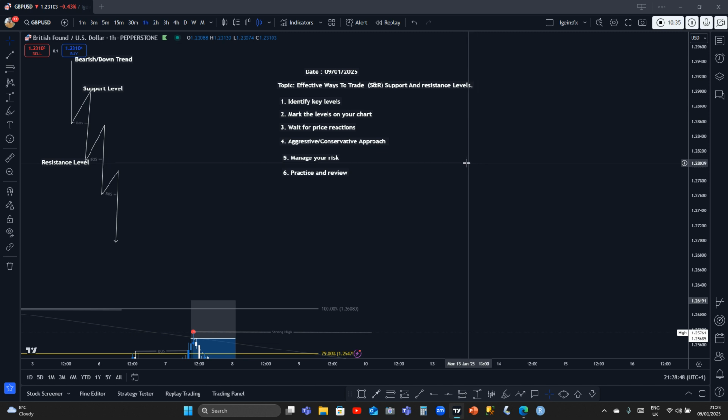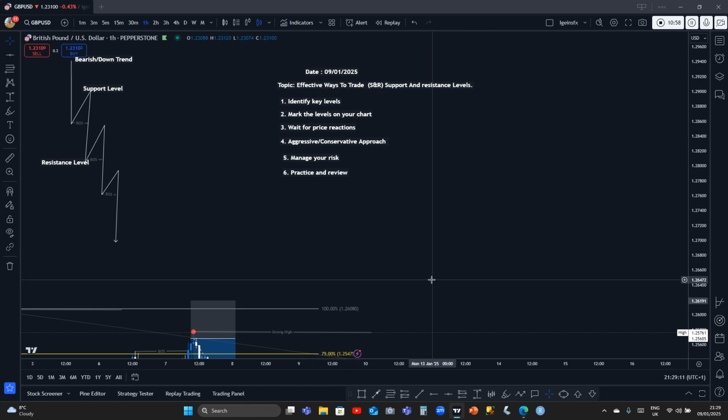Now, after you have marked the levels on your chart, use a horizontal line. All right, when you mark the levels on your chart, how do you mark them? Use your horizontal line, or something like this, to mark it out. All right.